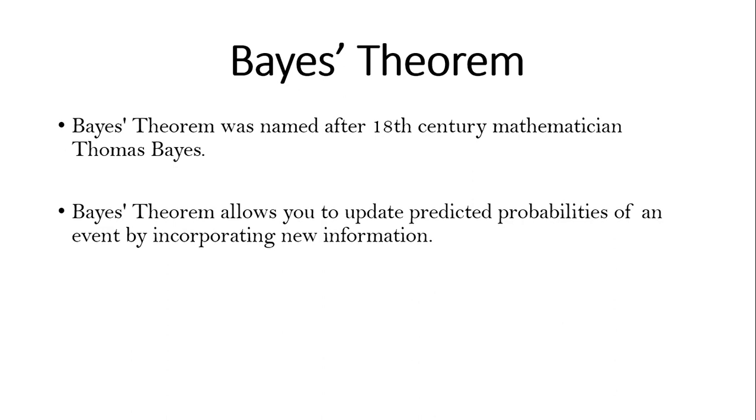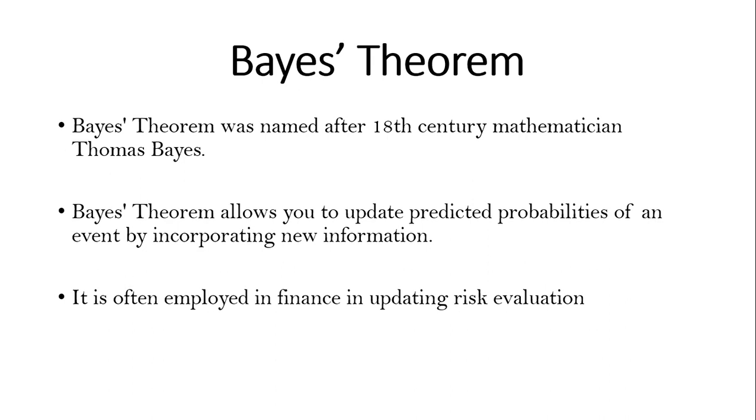Already we have some background information, and as I said, we are trying to establish a cyclic relationship. So that's quite important for what we are going to be doing. This theorem is extensively used in the field of finance and applied mathematics, particularly in the area of risk evaluation, which makes extensive use of Bayes' theorem.